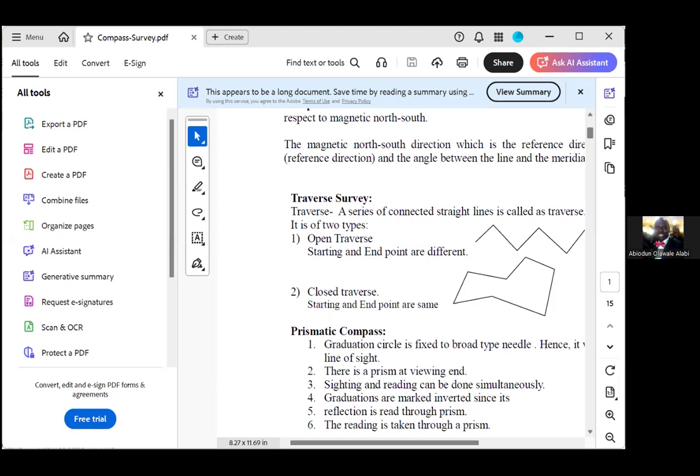So what is the meaning of a well-conditioned triangle? When no angle in the triangle is less than 30 degrees or greater than 120. Okay, good. So that is a well-conditioned triangle.